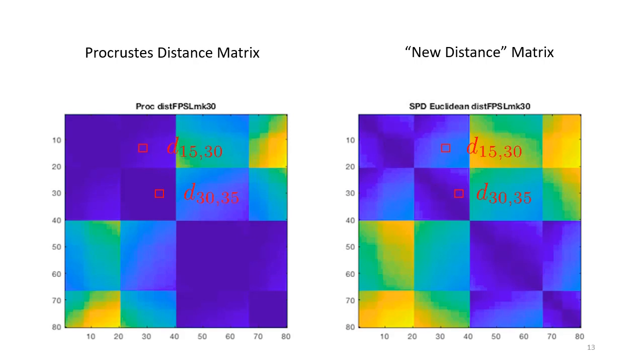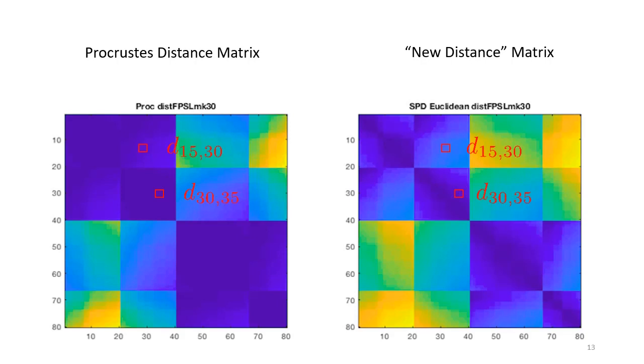Going from deep blue to light yellow is the number 0 to larger numbers. Along the diagonal, you should see deep blue, because that's the distance between a shape and itself, so the distance should be 0. We can see that we do have two clusters.